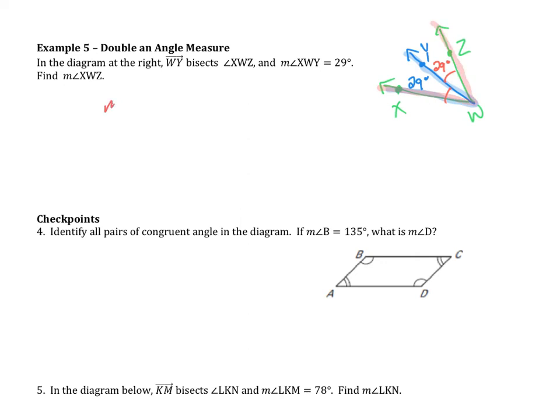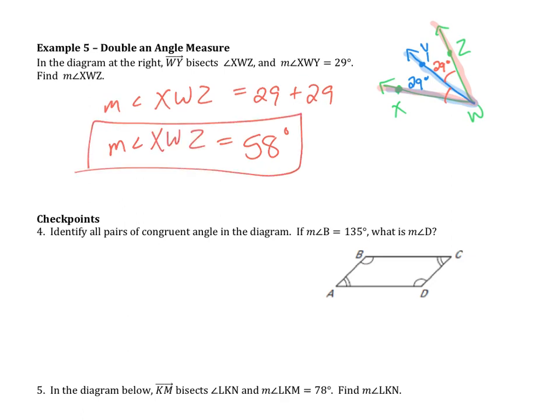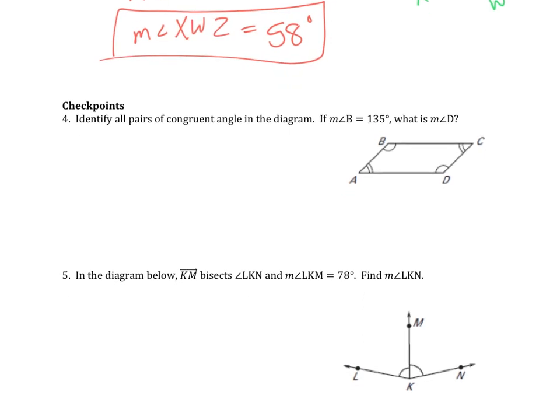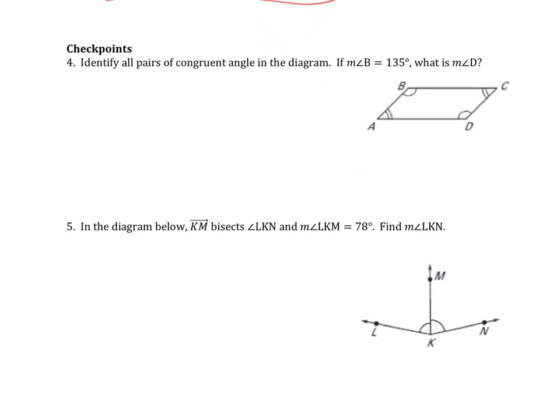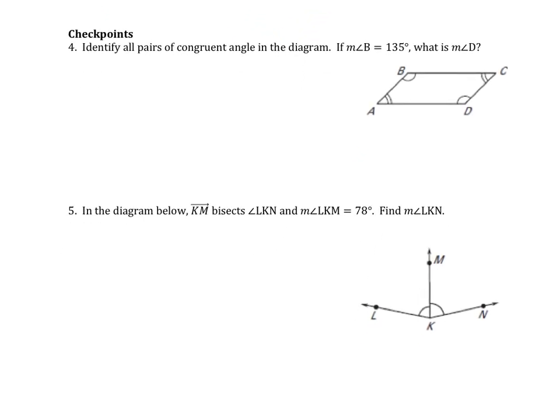So the measure of XWZ is equal to 29 plus 29. So XWZ is 58 degrees.